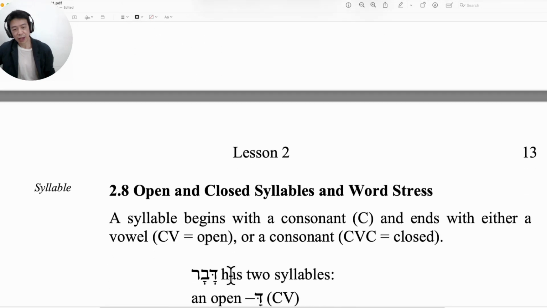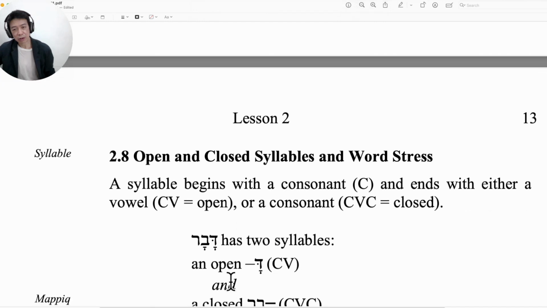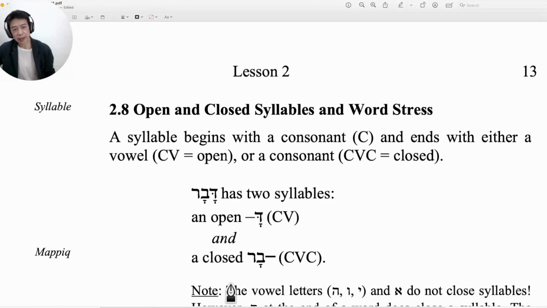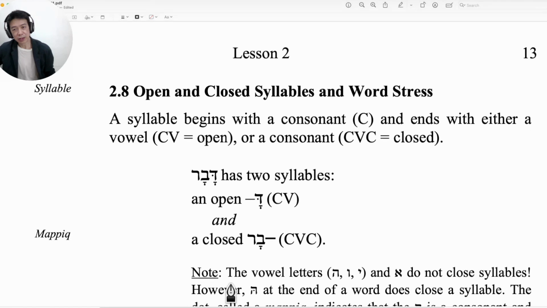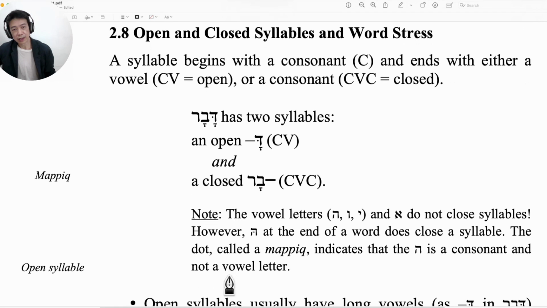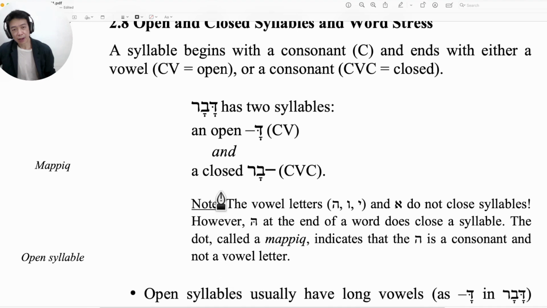So let's take a look at open and closed syllables and word stress. A syllable begins with a consonant, denoted by C, and ends with either a vowel, which makes it open, or a consonant, which makes it closed. For instance, davar has two syllables, an open da and a closed var.